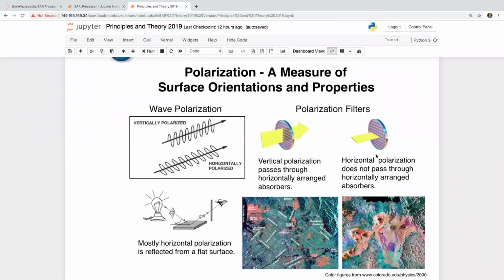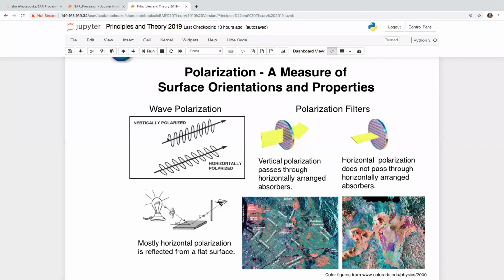So you can also control polarization, and polarization is one of those things that is, I'd say, in the last 10 years, really having a major renaissance. It was very popular in the 80s, then it came down for 15, 20 years, and now it's resurging again, especially in combination with interferometry.